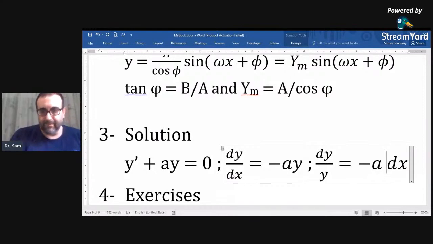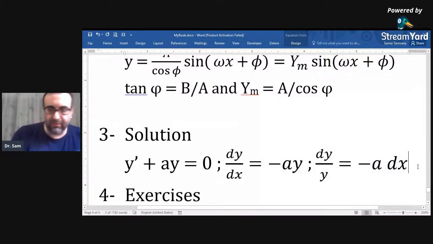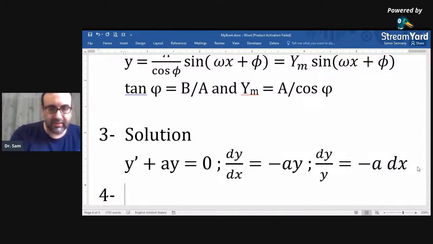Now I can find the primitive of the two sides.